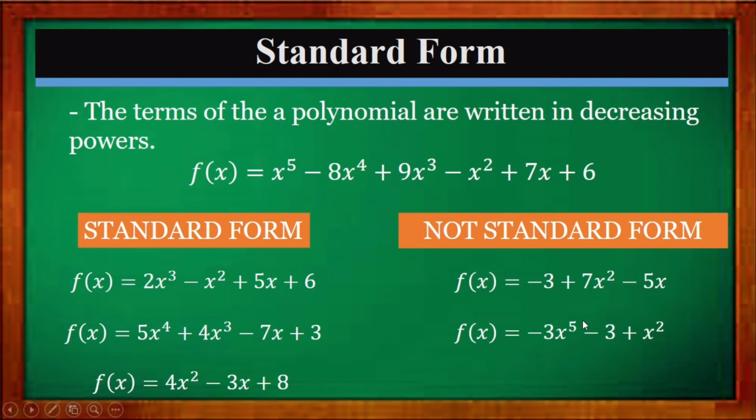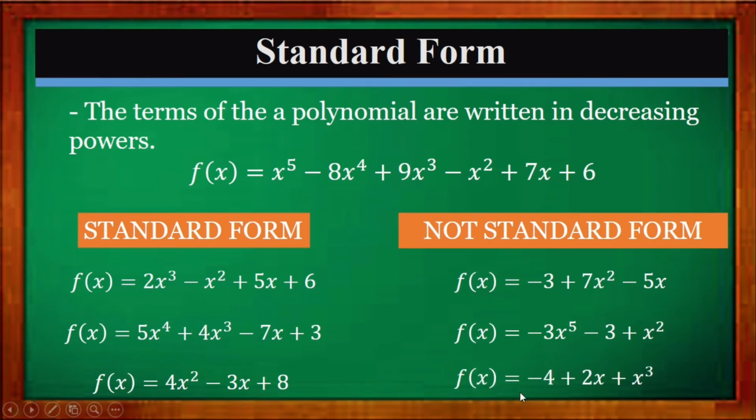So another example, we have f of x equals negative 3x raised to 5 minus 3 plus x squared. So as you can see, our first term is a quintic term. Then next na agad si constant term at saka lamang si quadratic term. So that is why this is not in standard form.